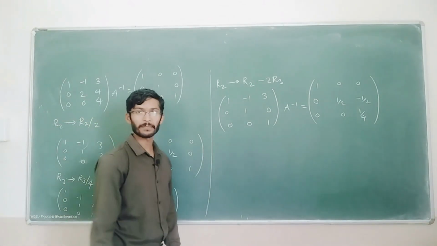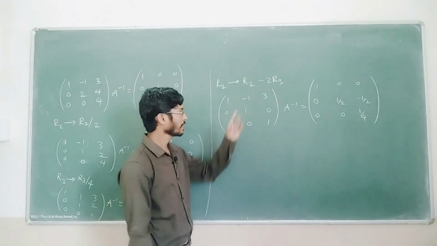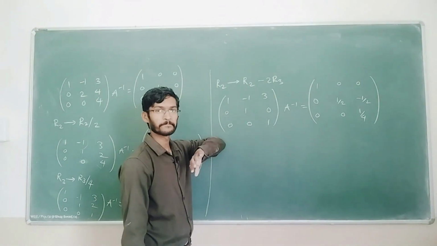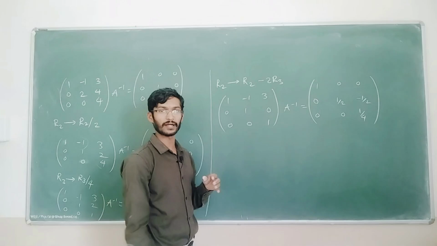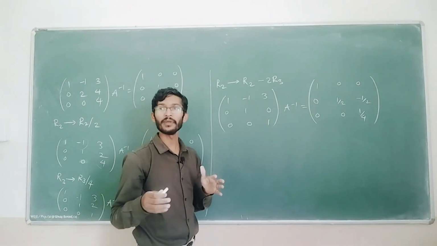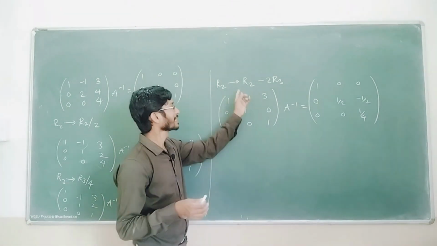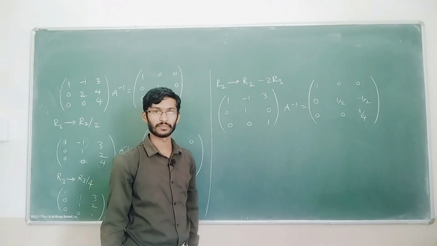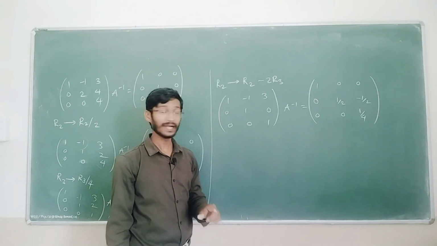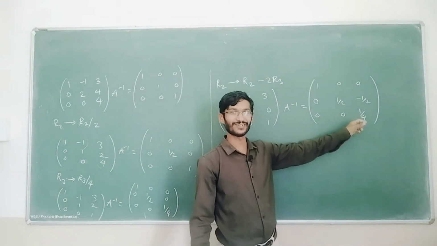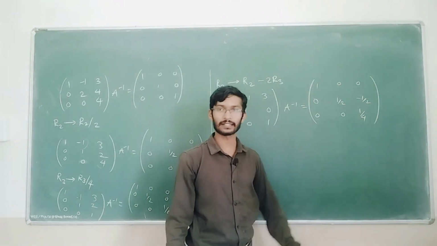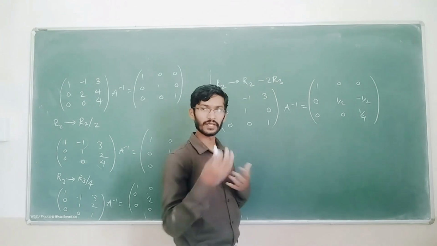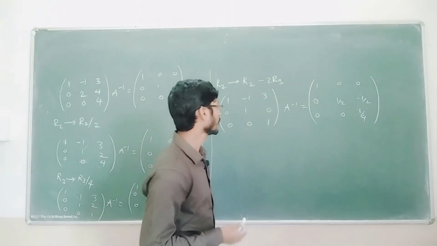Now we are just one step away, or you can say 2 steps away, but I can use one trick. Because the other two elements are 0 in the second row and third row, I can use a combination of both and make these two elements 0 in a single step. But to do that, we should be able to do this calculation also. This is a little bit tricky. So this we can do in steps, or if it is possible for you, you can do it in one step.